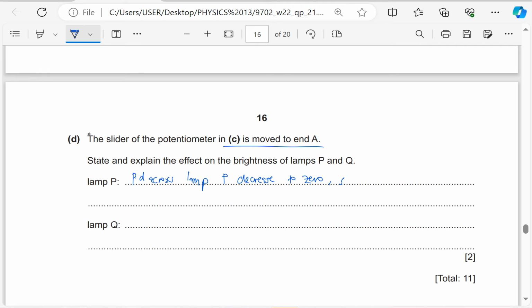So lamp P goes off. So P goes out when the slider is at end A.